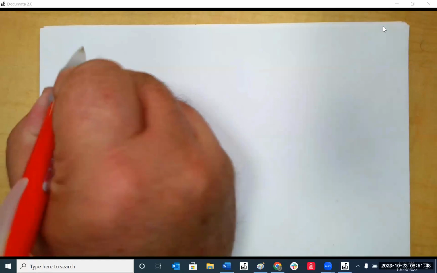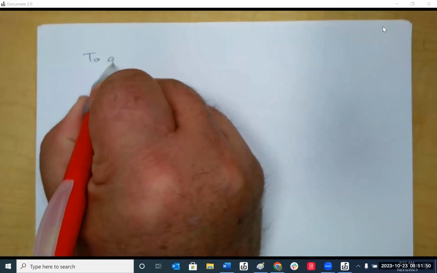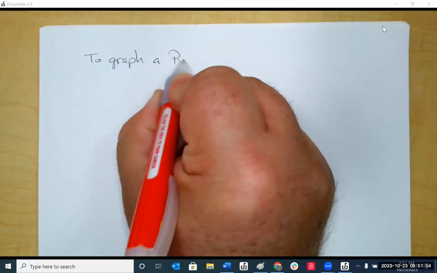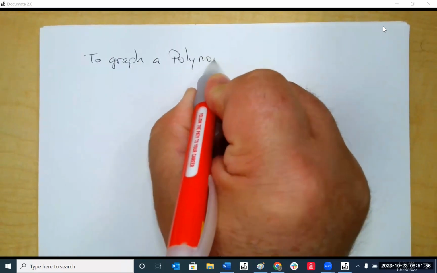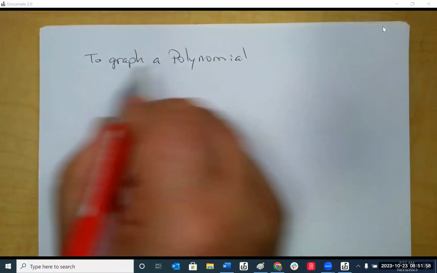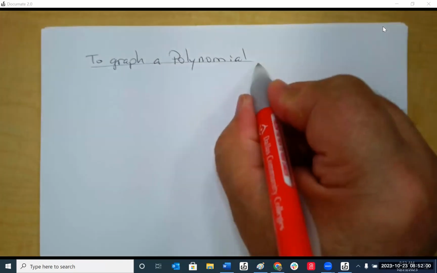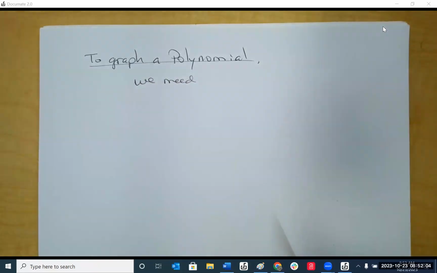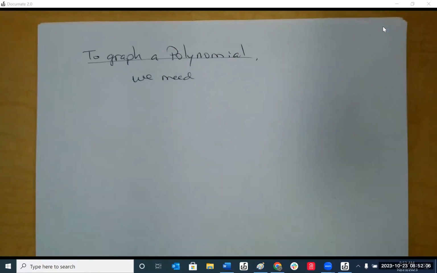So let me put some examples up here, because in order to graph a polynomial, we need certain points.